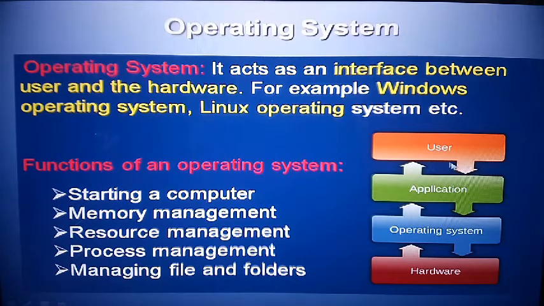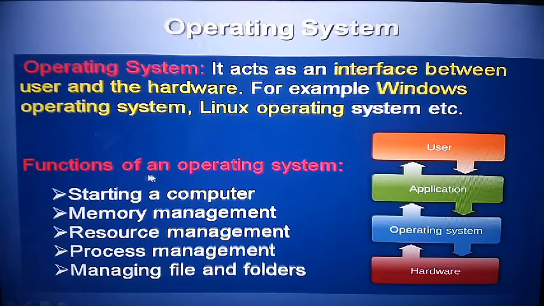With the help of a diagram we can see the user, meaning you, the application software, the operating system, and the hardware. The operating system sits between the application software and hardware, and between you and the hardware. It is a mediator that lets the hardware and user communicate.